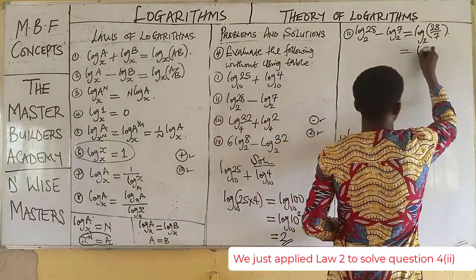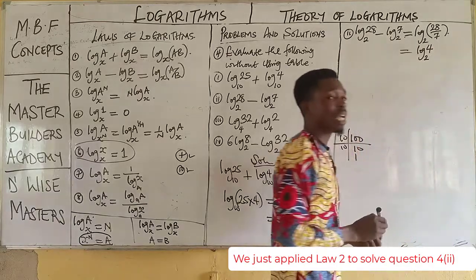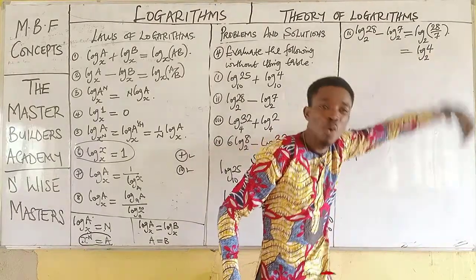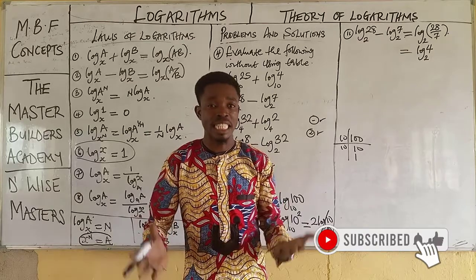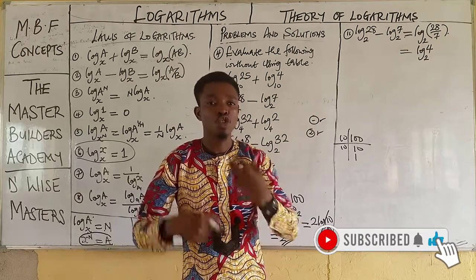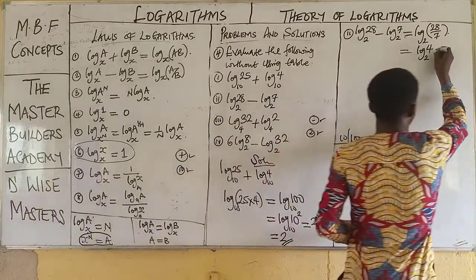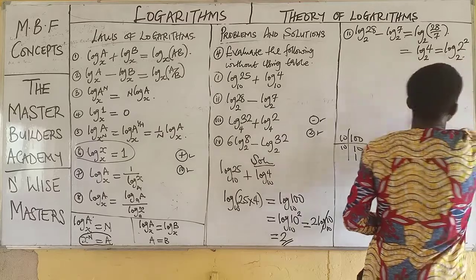Automatically, this is log 4 base 2. And also, guys, 4 is bigger than 2, and 2 goes into 4. What is 4 in its index form? 4 is 2 raised to the power of 2. Then we have log 2 raised to the power of 2 base 2.